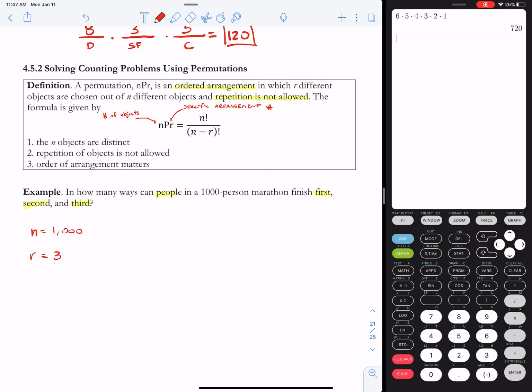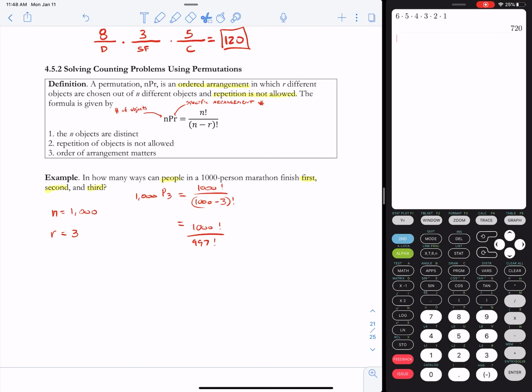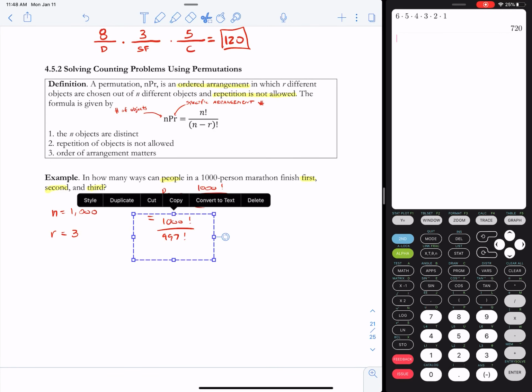We'd have 1,000 permute 3, and in the formula, you'd have 1,000 factorial all over 1,000 minus 3 factorial. If you were to simplify that even further, you would have 1,000 factorial over 997 factorial. I'm going to zoom out a bit and move this piece to the left, and there's a reason for that.